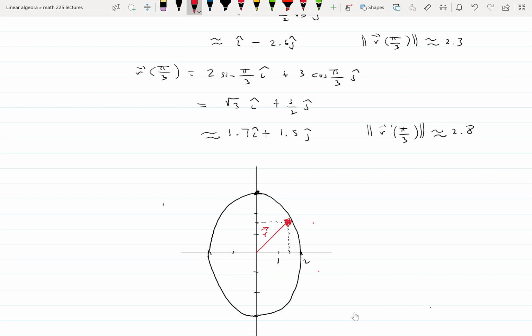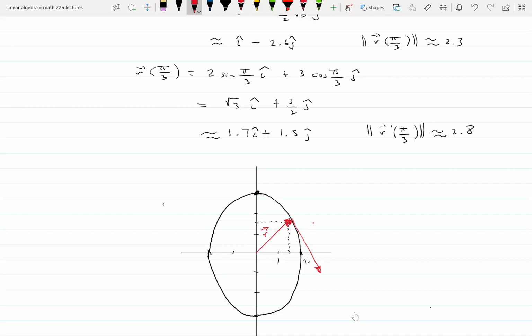So the tangent vector, this is just eyeballing this. It's like the ugliest tangent vector. The tangent vector looks about like this. Ugh, it's terrible. It's okay, I guess. Okay.